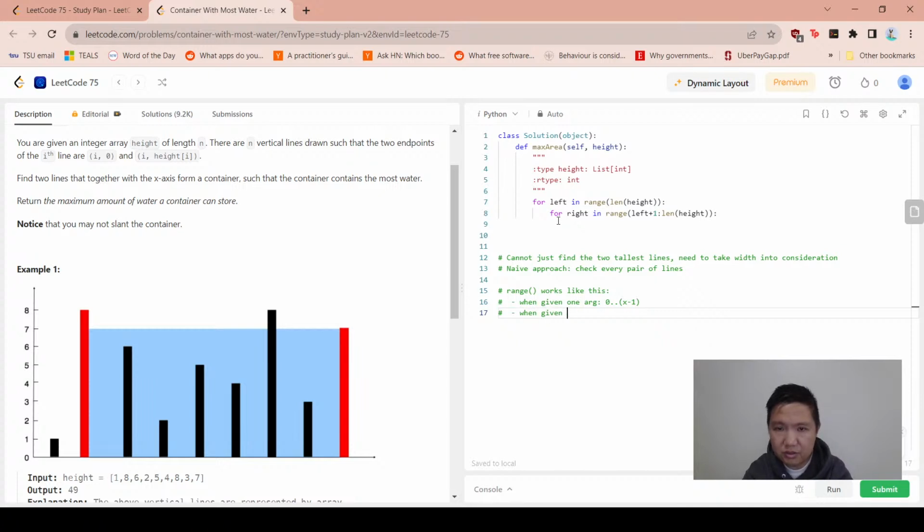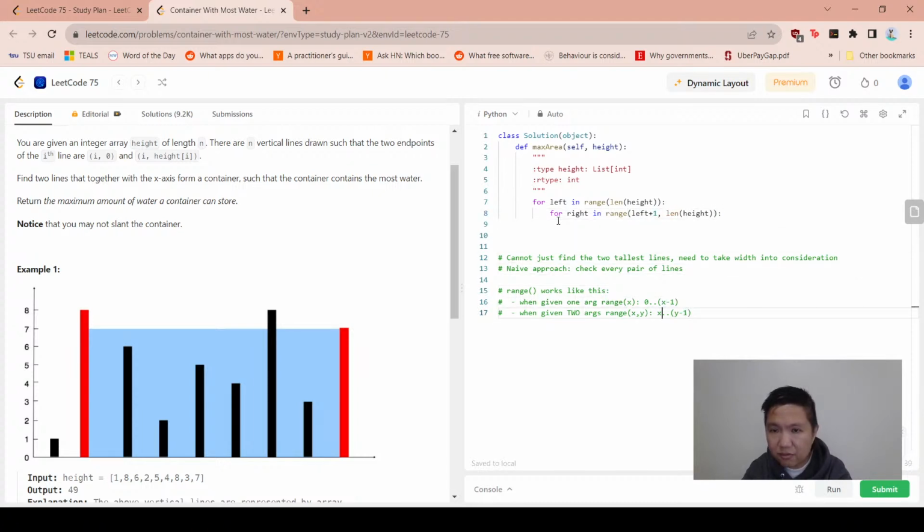When given 2 arguments, x, y, it goes from x to y minus 1. Sorry, it's not a colon, it's actually a comma.